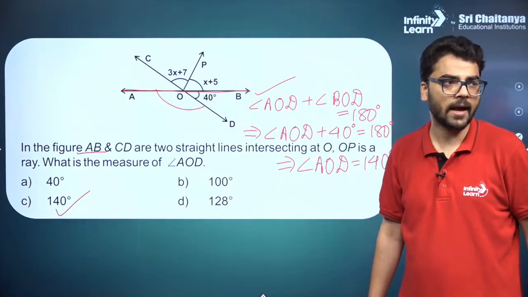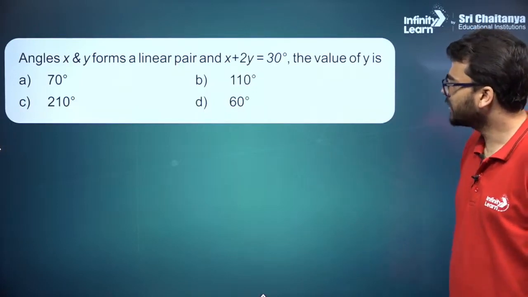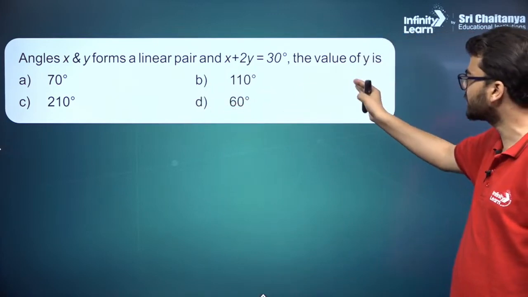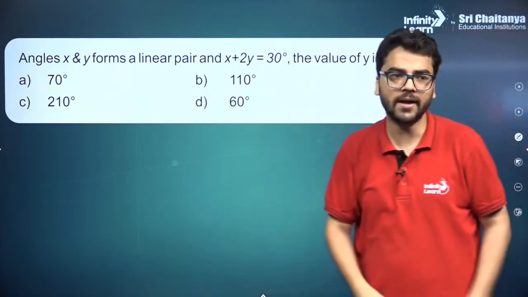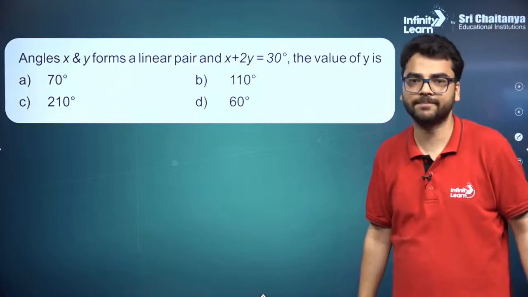Yes, Habib. I hope this is clear to every student. Can you try doing this one? Angles x and y form a linear pair and x plus 2y is 30. So can you find the value of y? It's a simple question again. Try doing this one and let me know the answer in the chat.